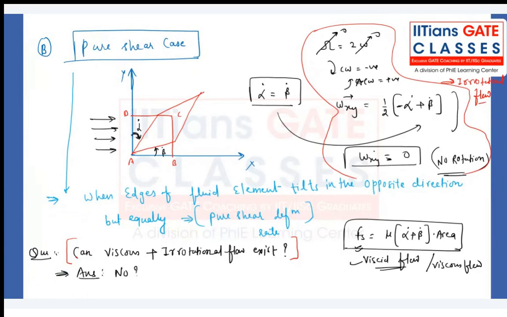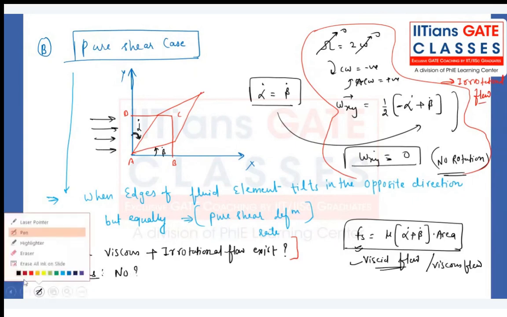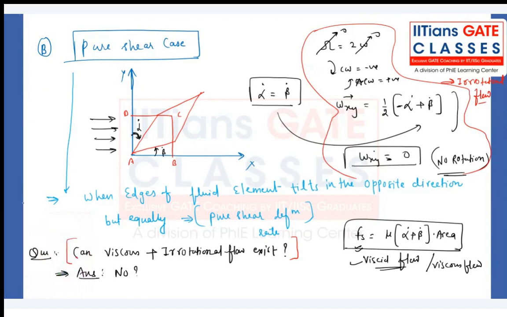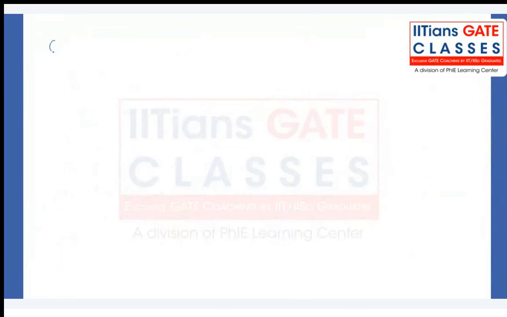Why is the answer no? Anyone know the reason behind that? First of all, let me know whether it is over or not. You can also note down question number two.